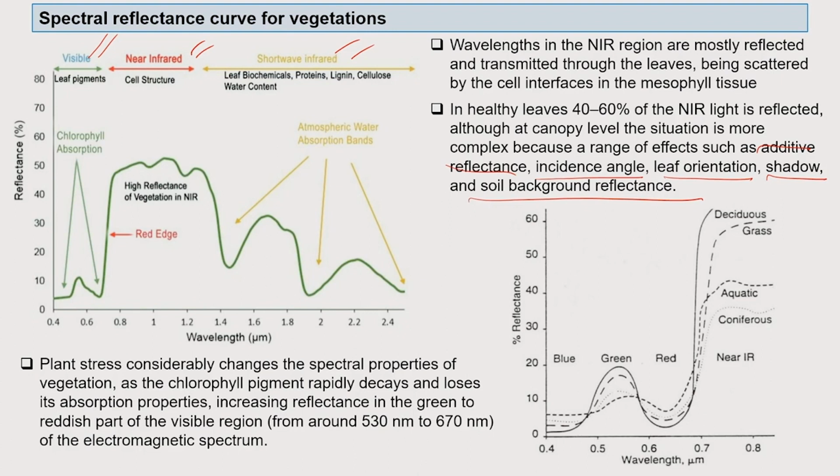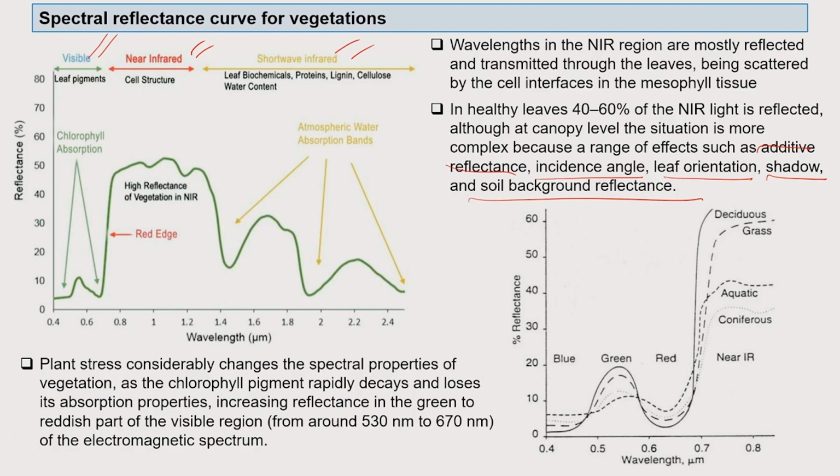Suppose the plant is running out of water, you have not irrigated, there is no rainfall, then the plant will give a different kind of reflectance, because the chlorophyll pigment rapidly decays and loses its absorption properties. If there is not appropriate moisture in the plant system, it will also affect the chlorophyll pigment and the internal structure of the leaf as well as the plant.